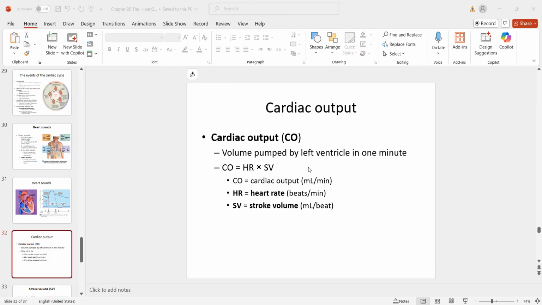Cardiac output provides a useful indication of ventricular efficiency over time. We can calculate cardiac output by multiplying the heart rate by the average stroke volume: CO = HR × SV.